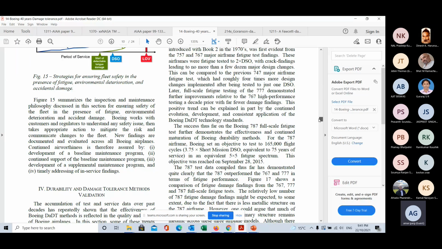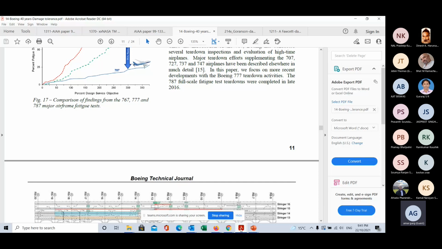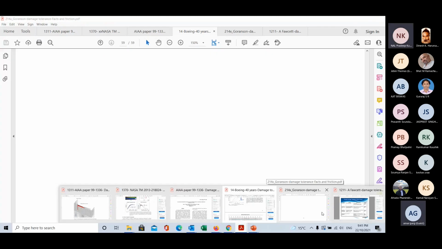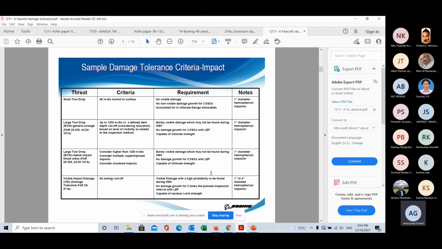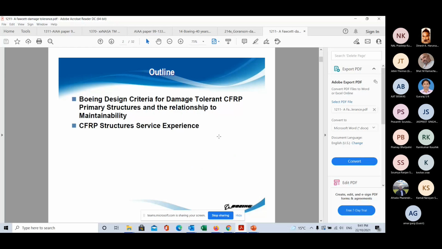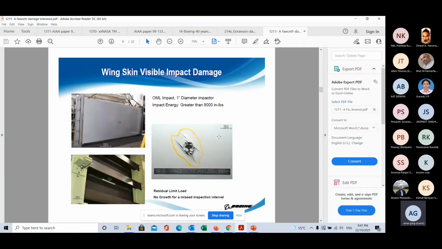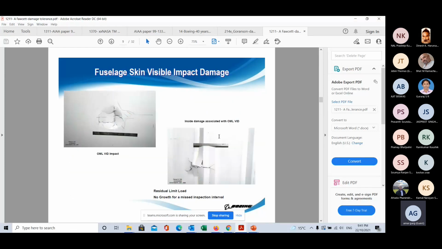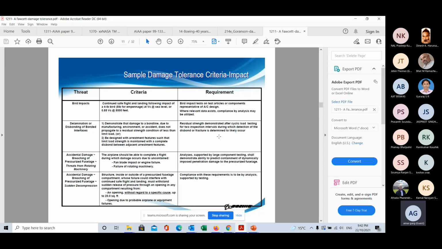Again, I'll close. Another paper I'll just show you, by Al Fawcett, Boeing Composite Airframe Damage Tolerance and Service Experience. It provides the criteria. Some of the slides which I have shown in my presentation have been taken from here.